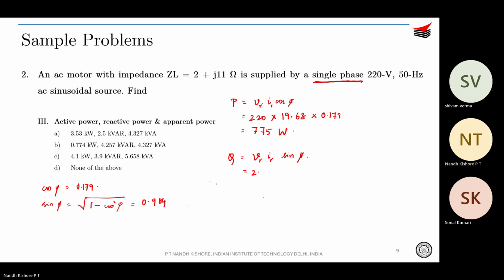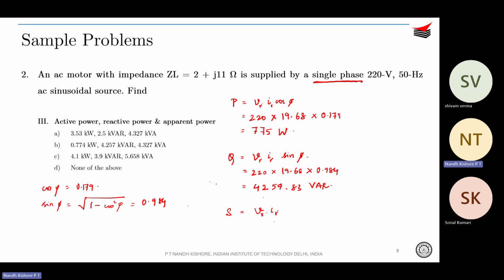So 220 into 19.68 into 0.984, I'm getting 4259.83 VAR.